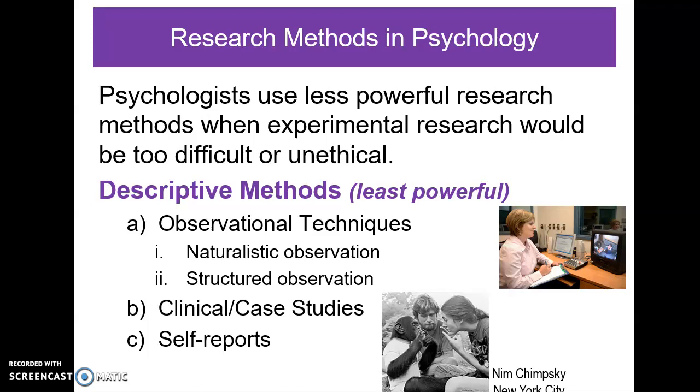Maybe you video them without them knowing so that you can code it later on. So this is basically you as a researcher looking at something that's truly unfolding in a natural environment. You're not controlling any variables, you're not manipulating any variables, you're just looking at how things naturally unfold.